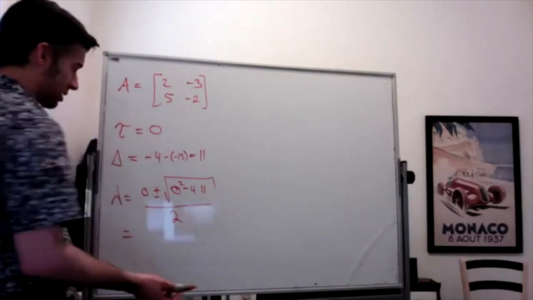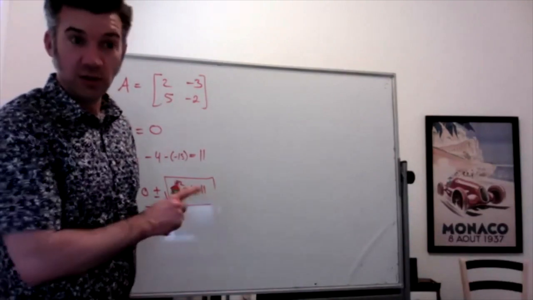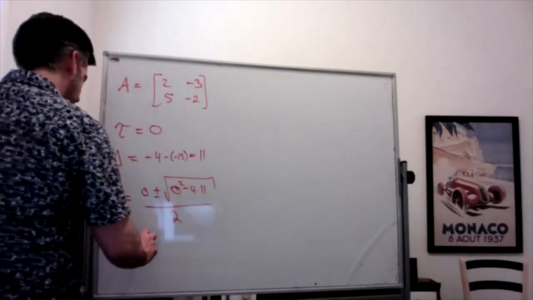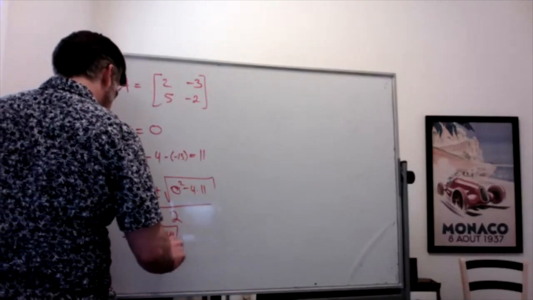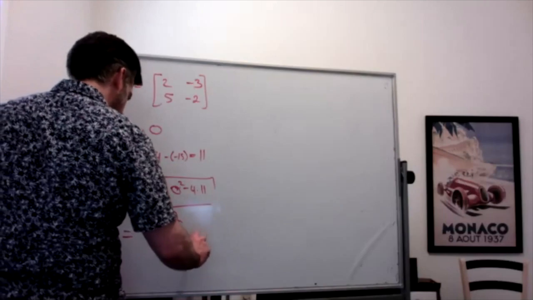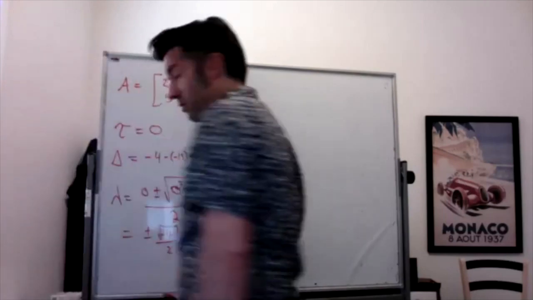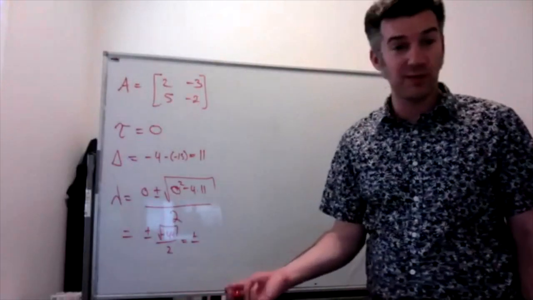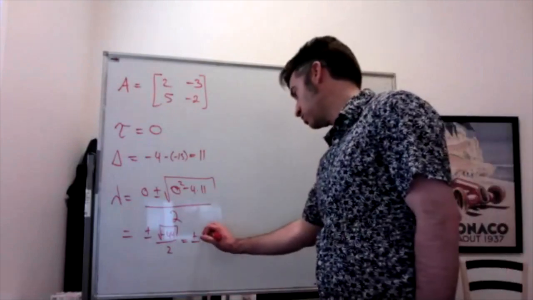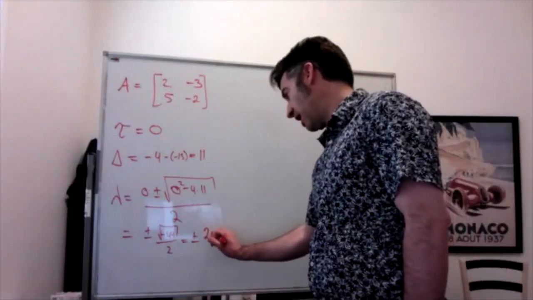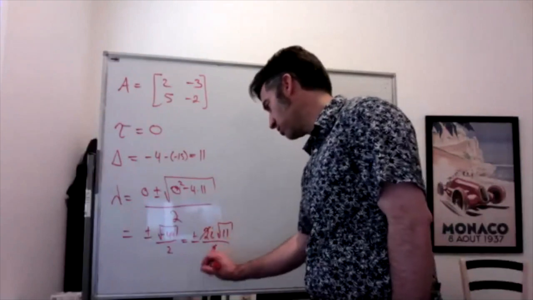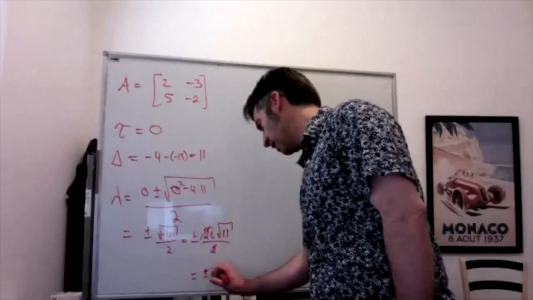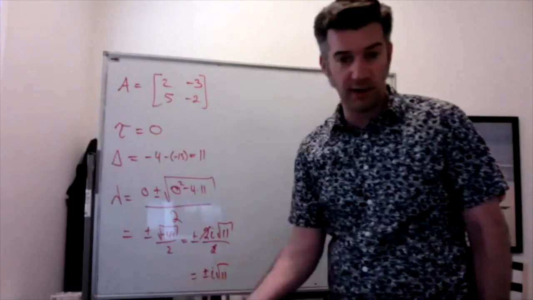This is one where we probably did too much work doing it this way, but it's going to be plus or minus the square root of negative 44 over 2, which is plus or minus the square root of 44. We can say it is 2 times the square root of 11. So it's plus or minus 2 times i times the square root of 11 all over 2. The 2's cancel, so we get plus or minus i root 11 as your eigenvalues.